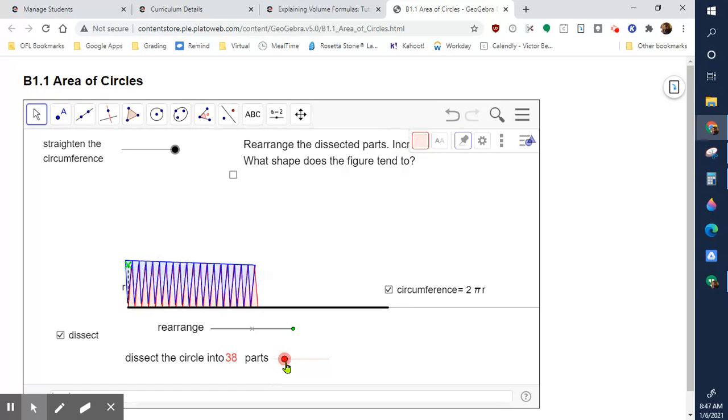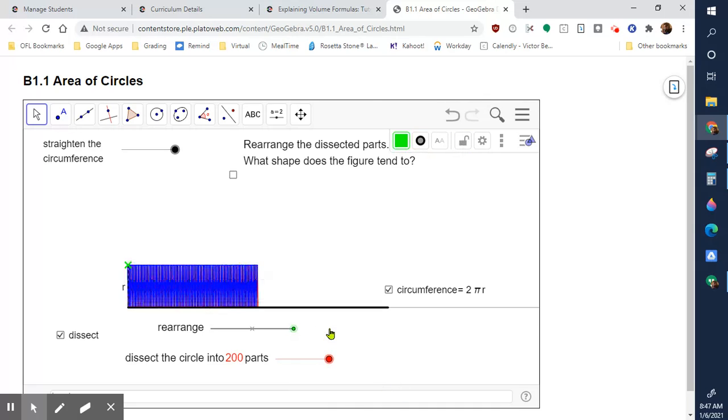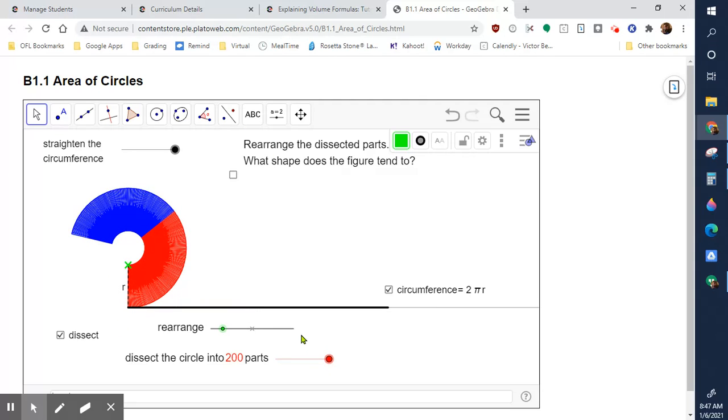So if I make this smaller, like if I keep making this where it looks more rectangular, we can see that we're getting something here where it looks like this is R, because we're only going halfway through. I think I forgot to mention that part.